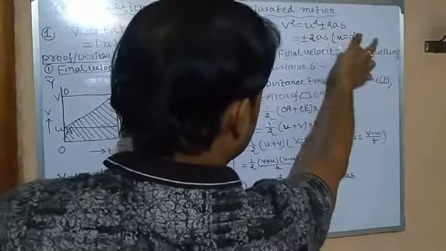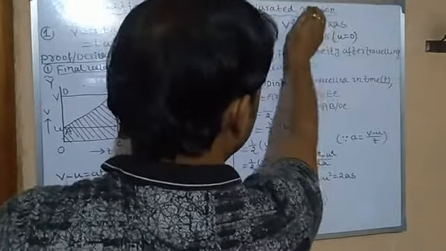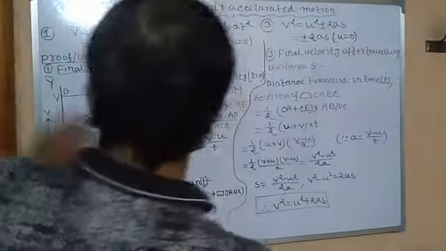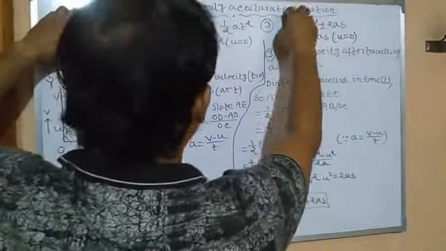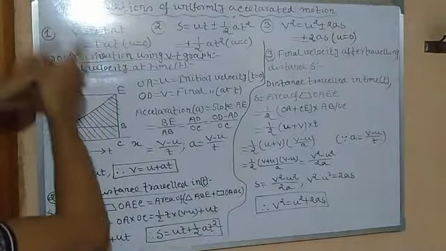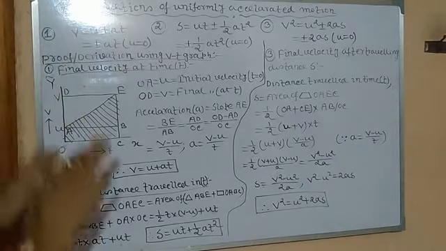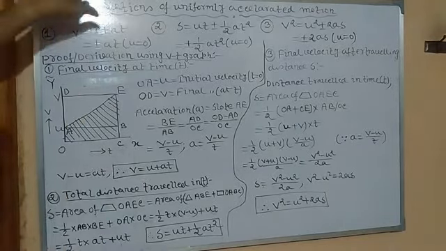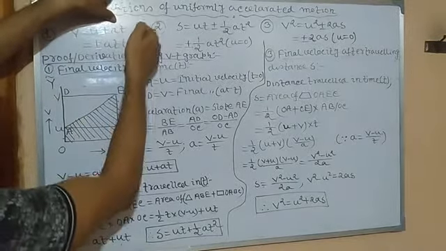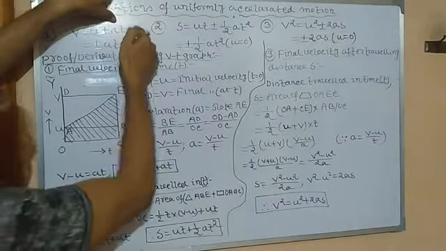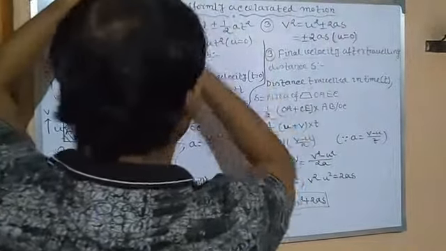Again, if the body is at rest, the initial velocity is 0, then u squared is 0 and v squared equals 2as. There is no time here, this is the main difference.